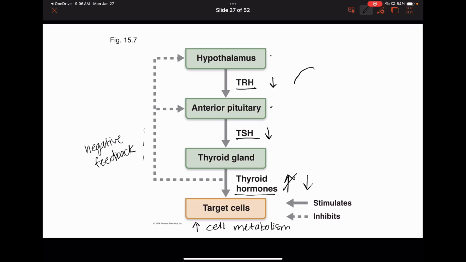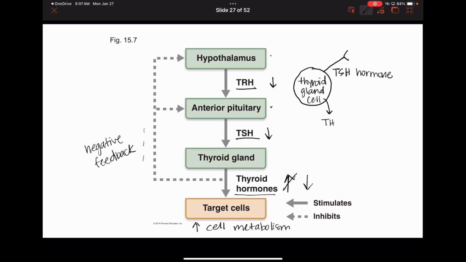So let's say this is a thyroid gland cell. This thyroid gland cell has a receptor for thyroid stimulating hormone. And every time thyroid stimulating hormone binds, it causes the release of thyroid hormone. Okay?